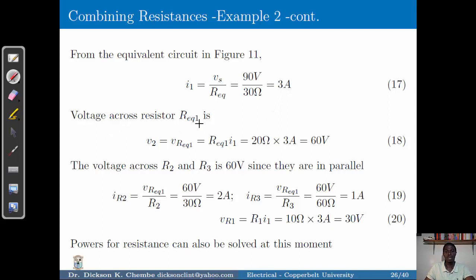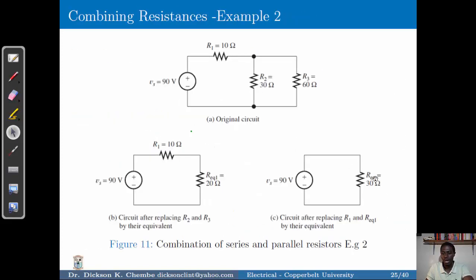From there we can go back to finding the voltage across resistor 1, or Req1, which we mentioned. If we go back, Req1 is this resistance, which is 20 ohms.